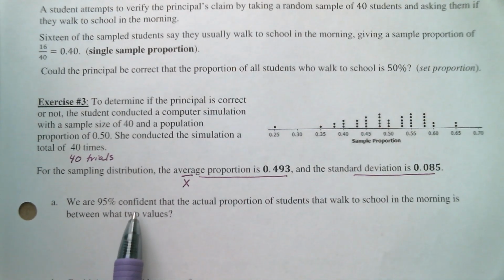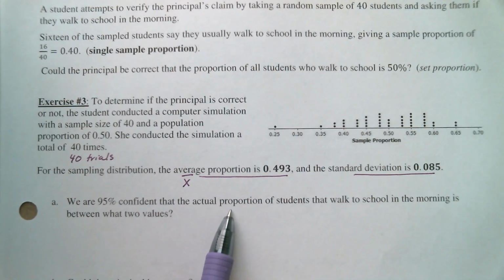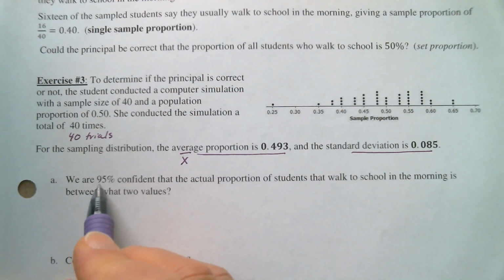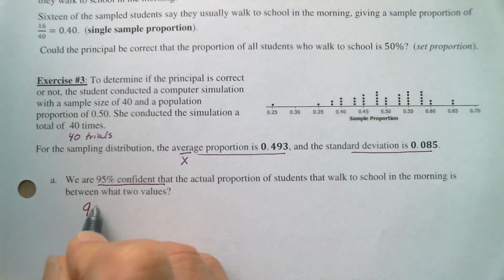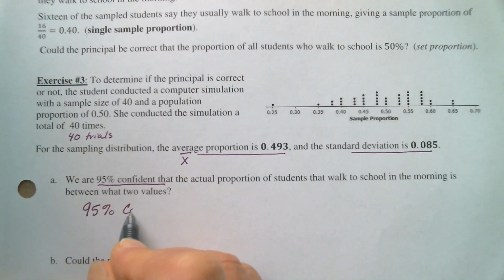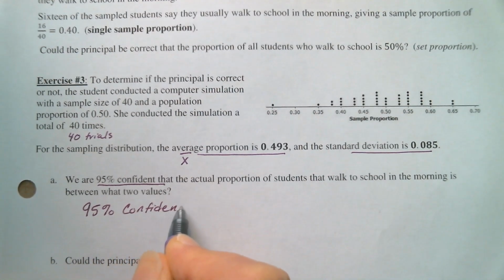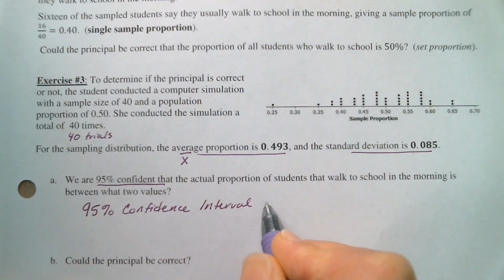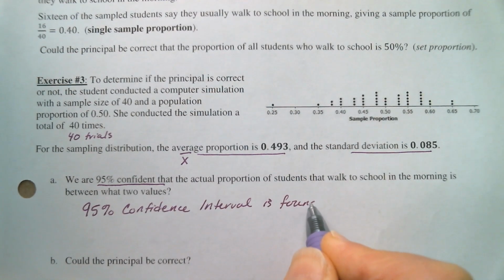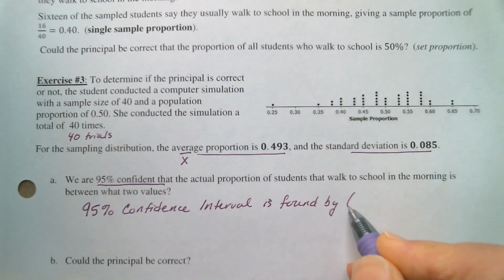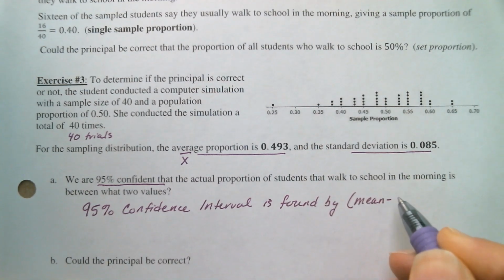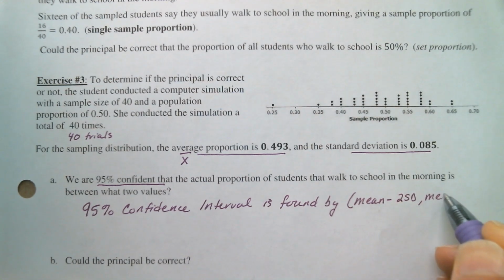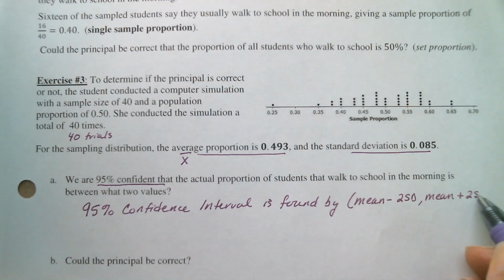We are 95% confident that the actual proportion of students that walk to school in the morning is between what two values? Well, our 95% confidence interval is found by taking the mean minus 2 standard deviations and the mean plus 2 standard deviations.